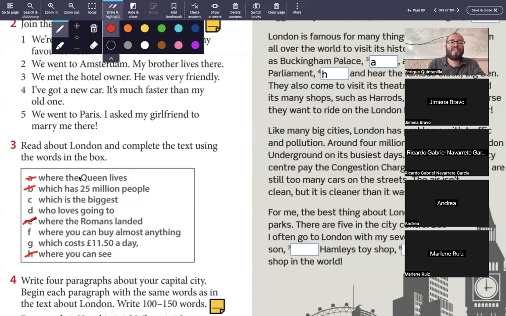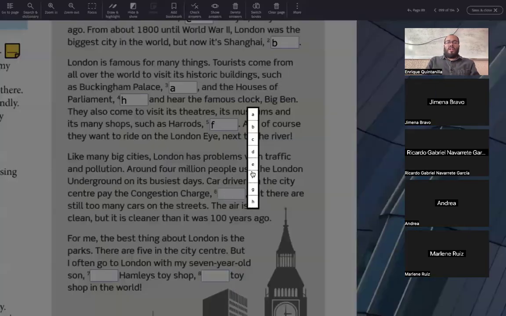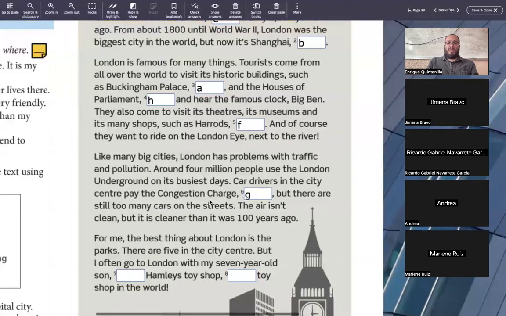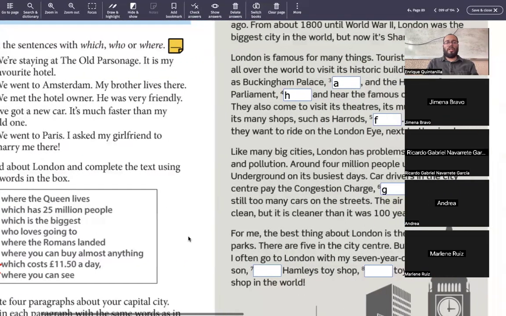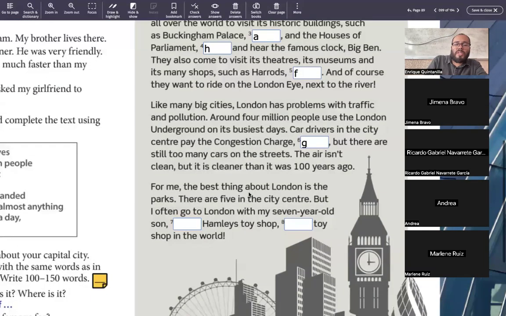Yes, I think it's G. And the answer is G, of course. Which costs 11.50, no? So in other countries, because you use your car, you have to pay this traffic charge, no? Se podría decir, traffic ticket.